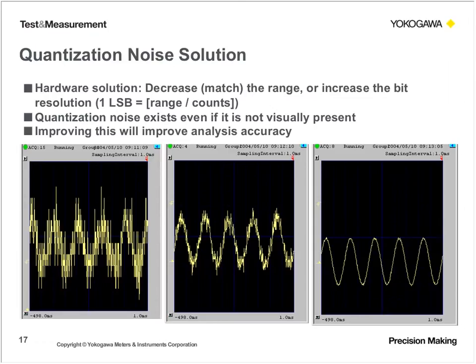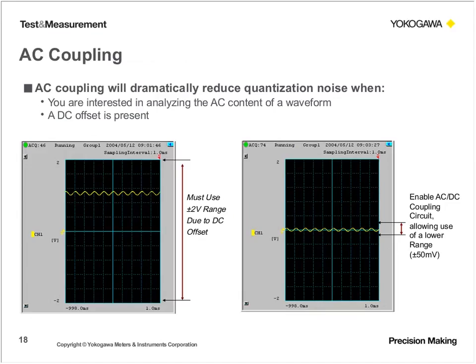So you can see there in the example that I have on the far left, I have the original signal with the full dynamic range, and as I lower the range from -10 to 2 volts, that does increase the resolution. All right. So the next noise source that I want to go into is AC coupling noise.